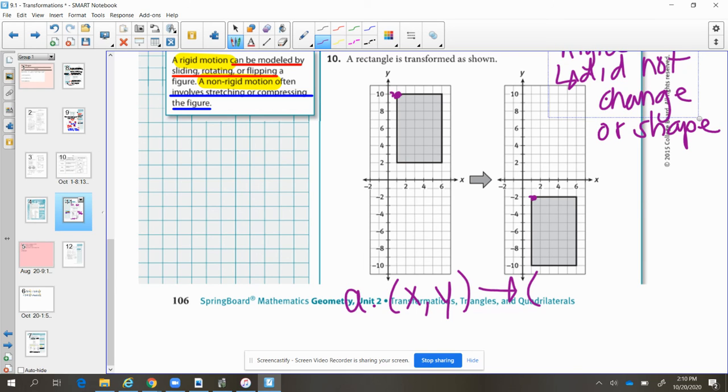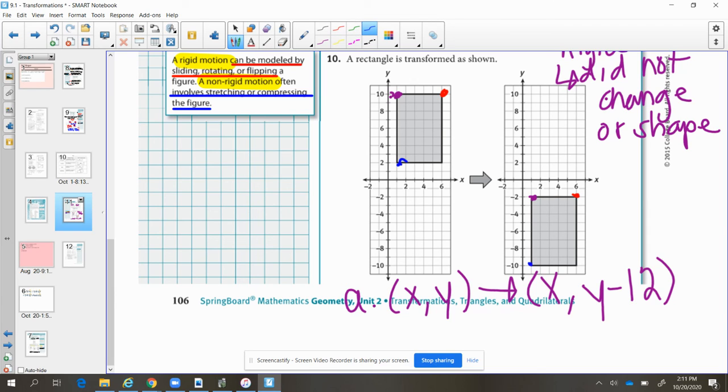We didn't change the X values at all, but we subtracted 12 from our Y values. So if we started at 10 and now that point's at -2, we had to subtract 12 to move that down all the way.